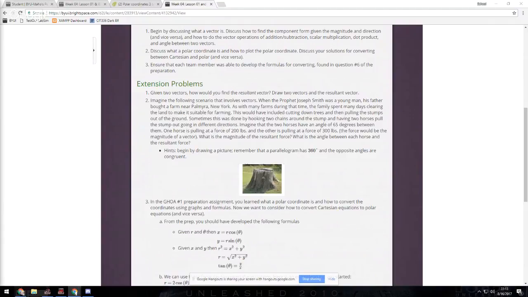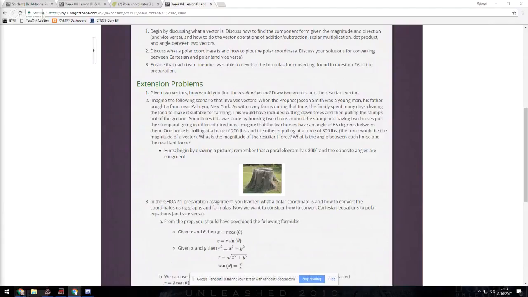And then with the r's, you can figure out what the magnitude of the resultant vector is. So that's that.